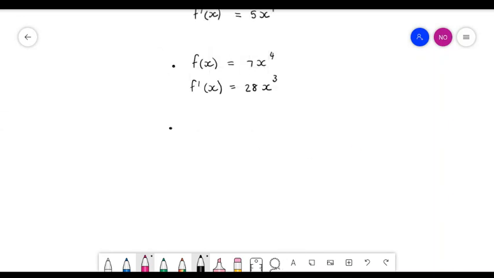Ek gaan nou maar net opmaak heeltyd want anders dan kyk julle net op julle bladsy. Ek ken vir julle. Why always the fractions, man? You can still multiply a fraction.